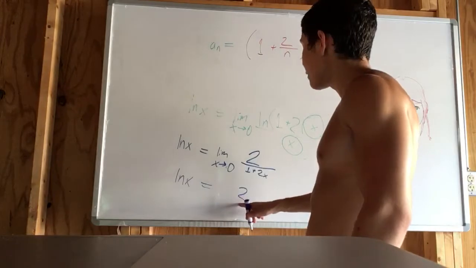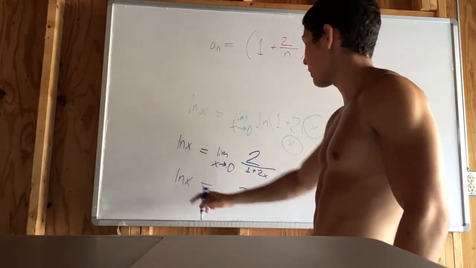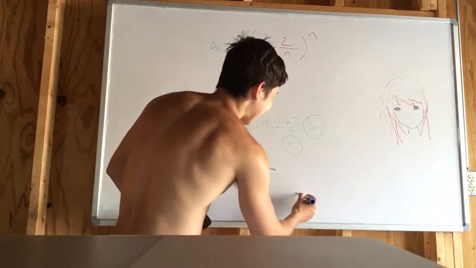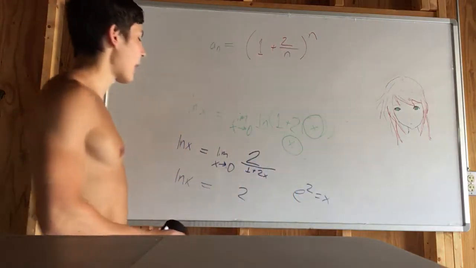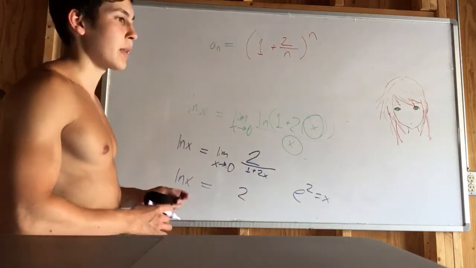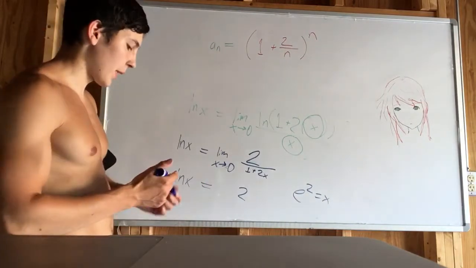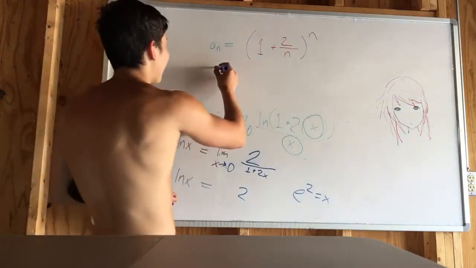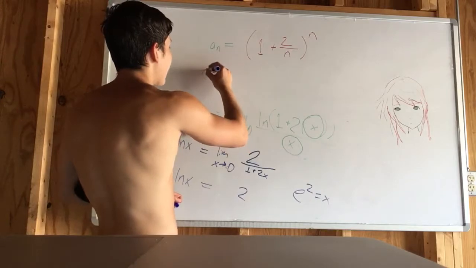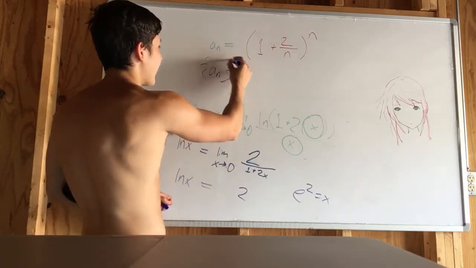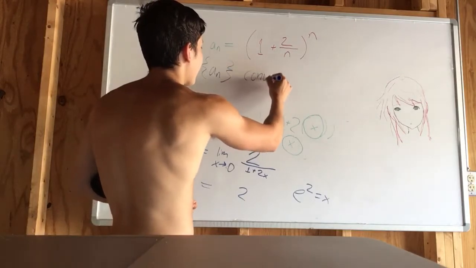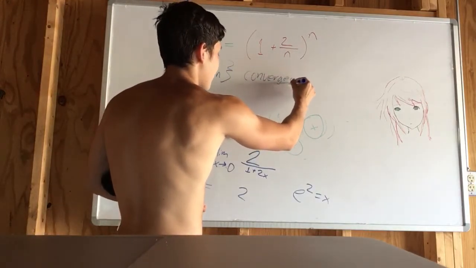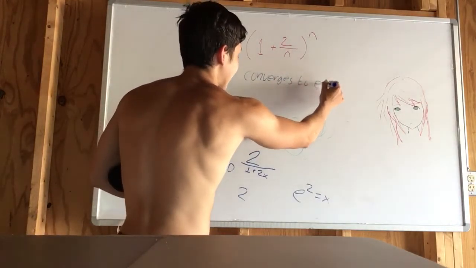So e to the power of 2 equals x. And remember, x was our original sequence. So our sequence, a subscript n, and we can put the little curly braces here, converges to e squared.